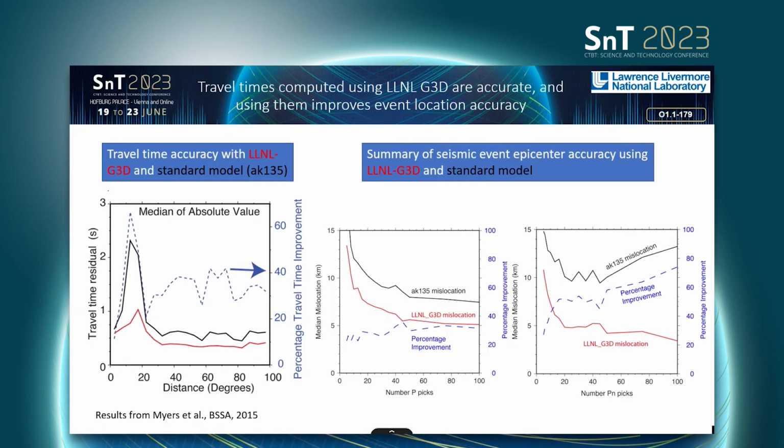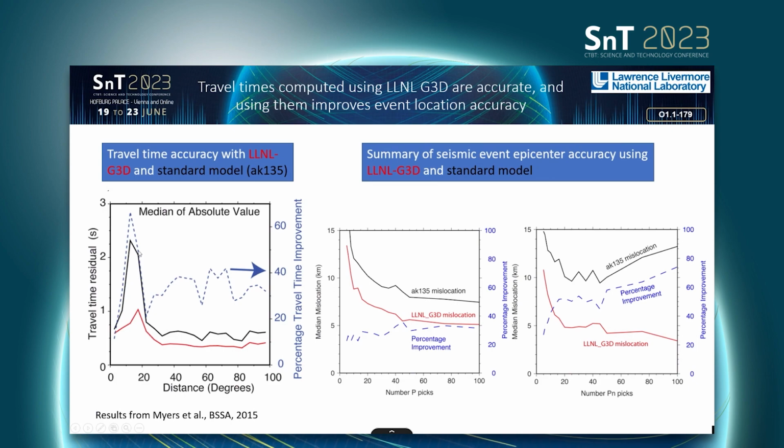So this just shows some of our previous work on testing the 3D model itself. This figure here on the left just shows, as a function of distance, the travel time residuals for an average 1D model. That's this black line here.